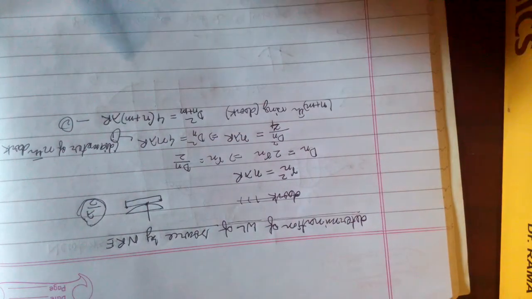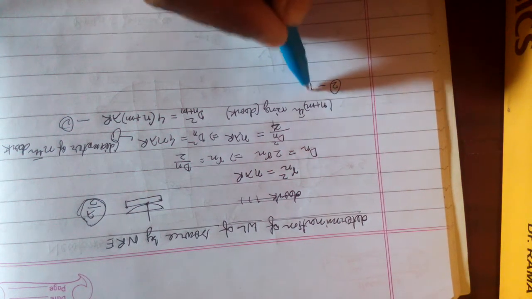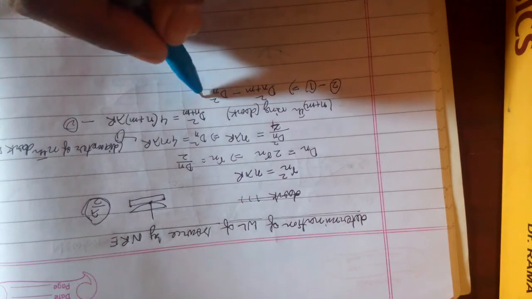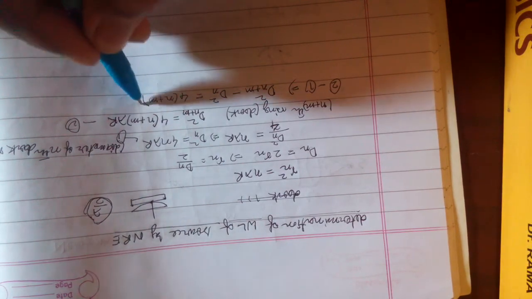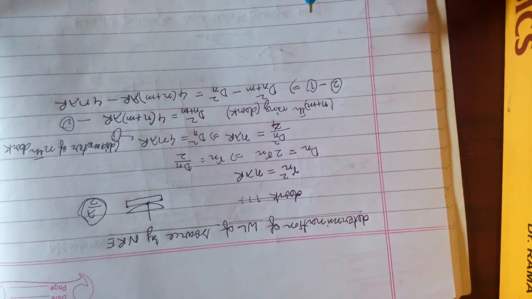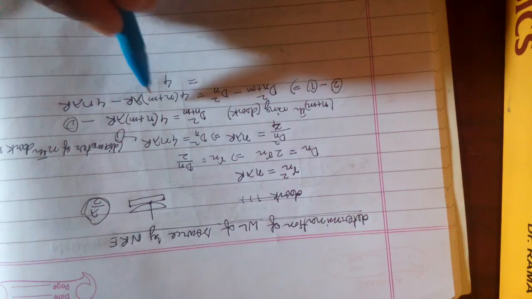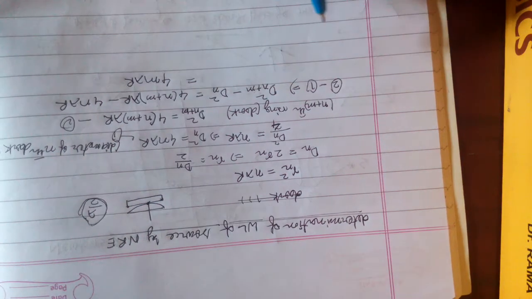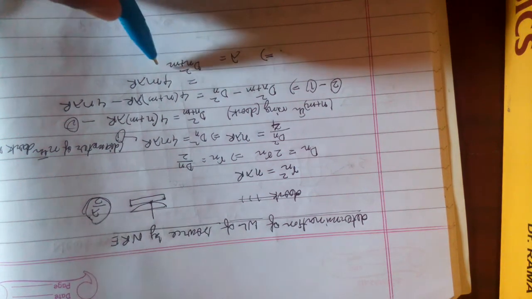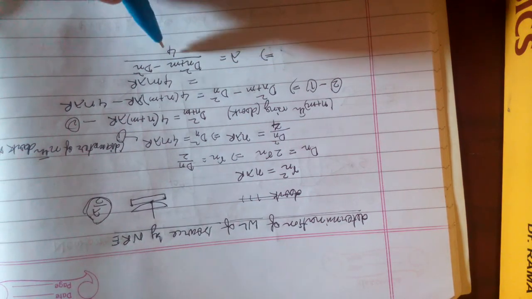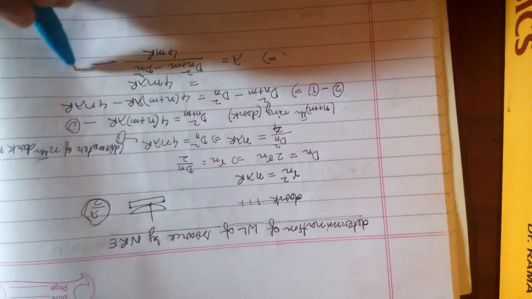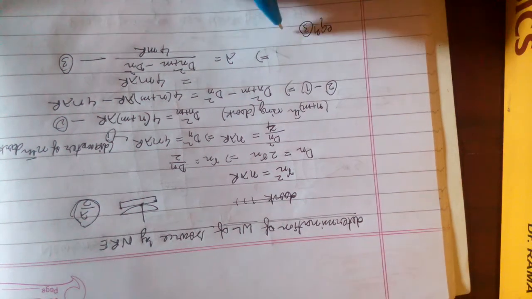If we subtract 1 from 2, we get D_(n+m) square minus D_n square equal to 4 (n plus m) lambda R minus 4 n lambda R. Then 4 n lambda R gets cancelled out, so we get 4 m lambda R. From this we can find lambda equal to D_(n+m) whole square minus D_n square divided by 4 m R. Suppose this is equation 3; from equation 3 we can find the value of lambda.